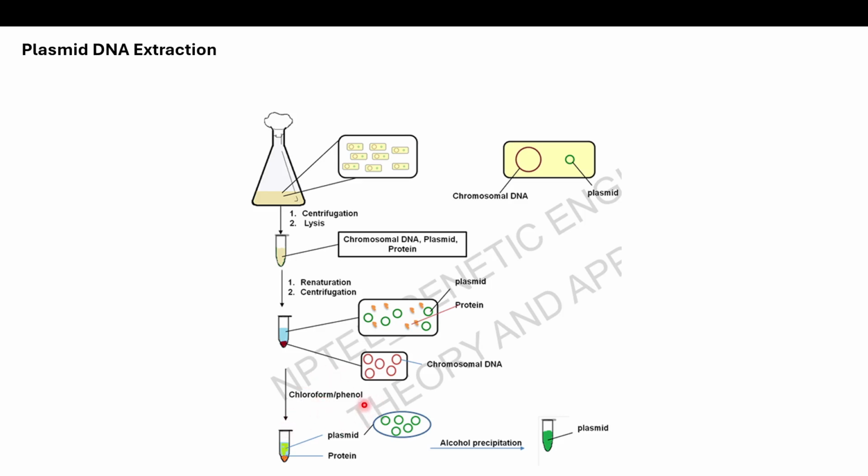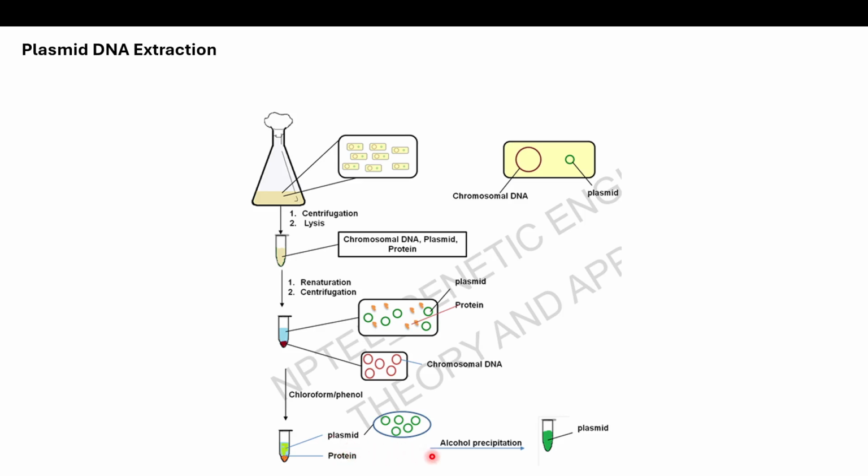Then either you use chloroform phenol extraction that we saw in the previous week's lectures and tutorial, or you can use a spin column, wherein you selectively let the plasmids stay in a particular phase of a solution, or selectively bind to the spin column silica filters.